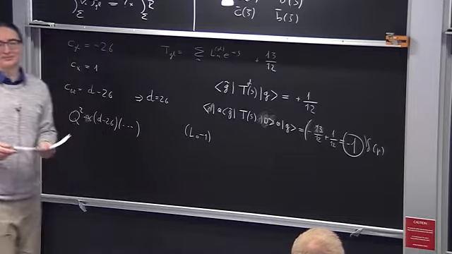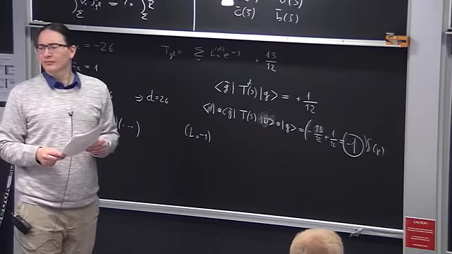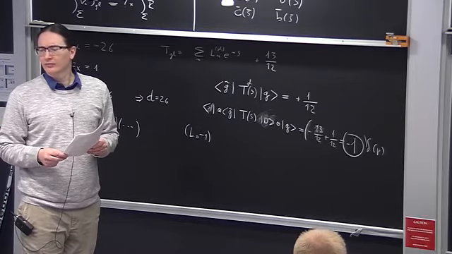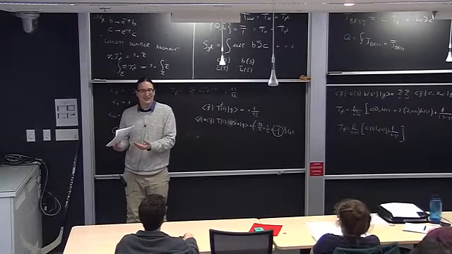I didn't need to. So, sorry, again, how is this -1 related to the -1 of the vacuum energy? Oh, because we know that on physical states, the total stress tensor has to vanish, right? That's the constraint.